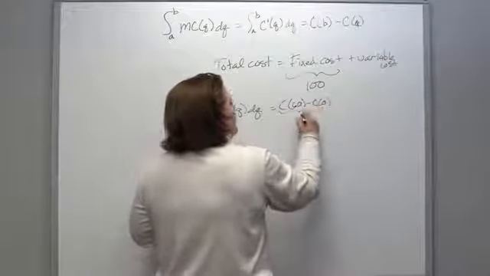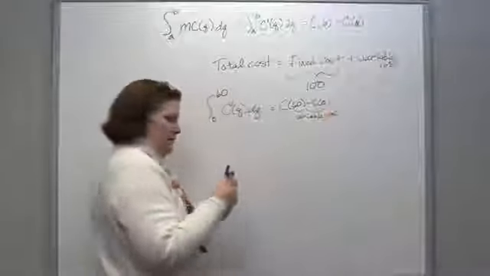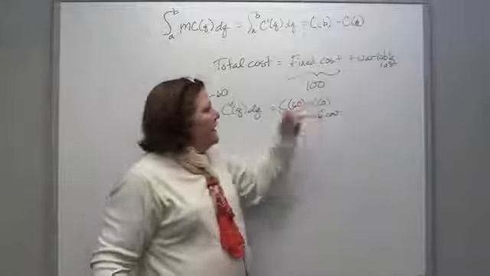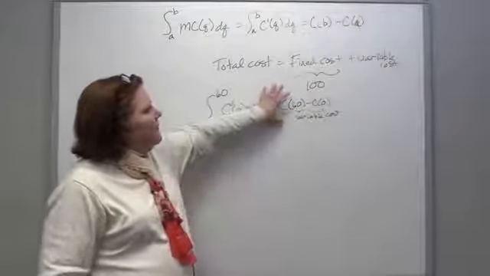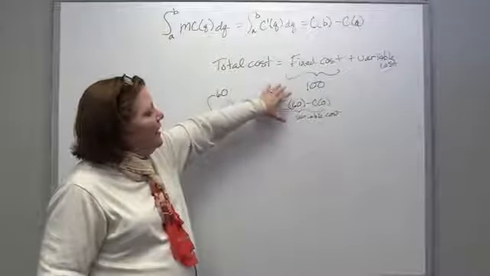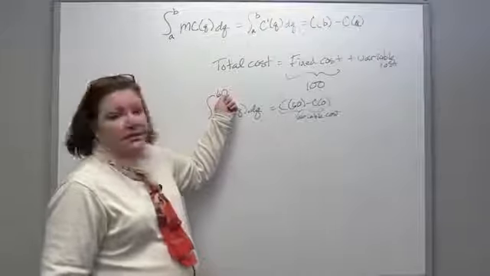This ends up being our variable cost, because this is the amount of cost that has changed in making none to 60.